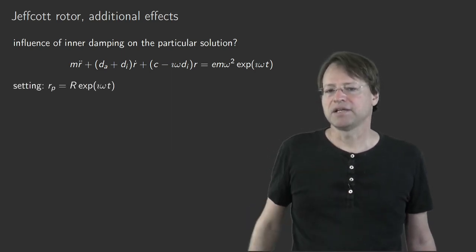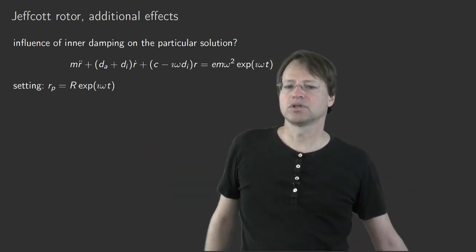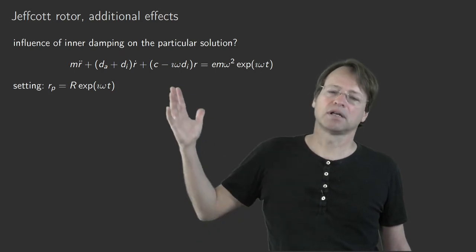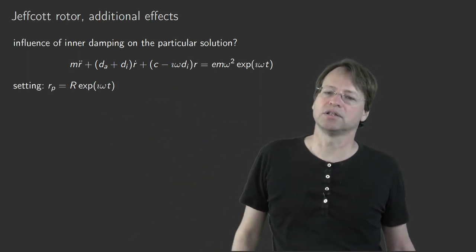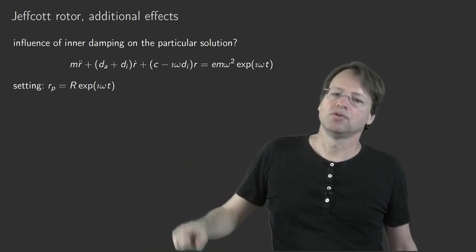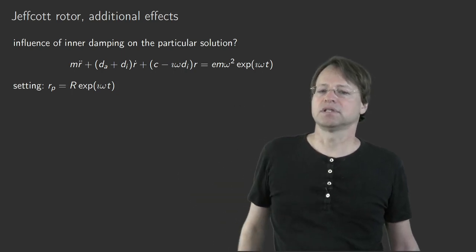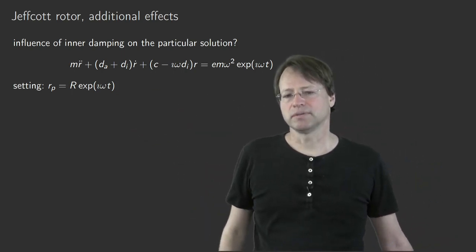So let's make such a setting. Let's set a particular solution R sub p equal to some amplitude R times exponential of i omega t. You take the first derivative of that setting and insert it into this equation. R is some time-independent amplitude here.